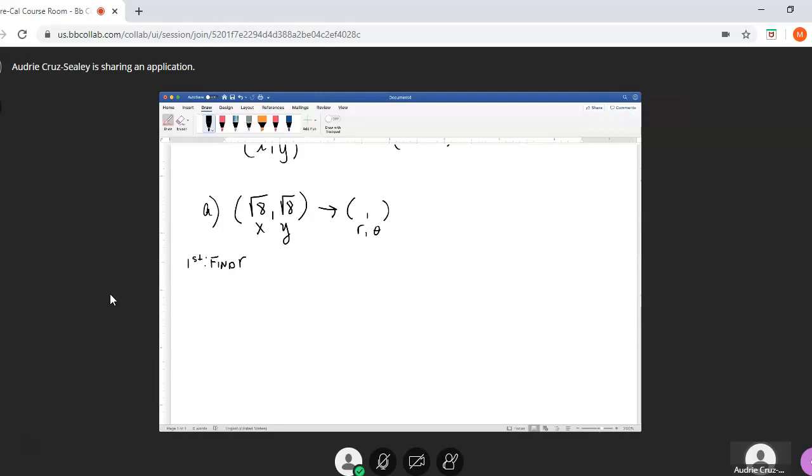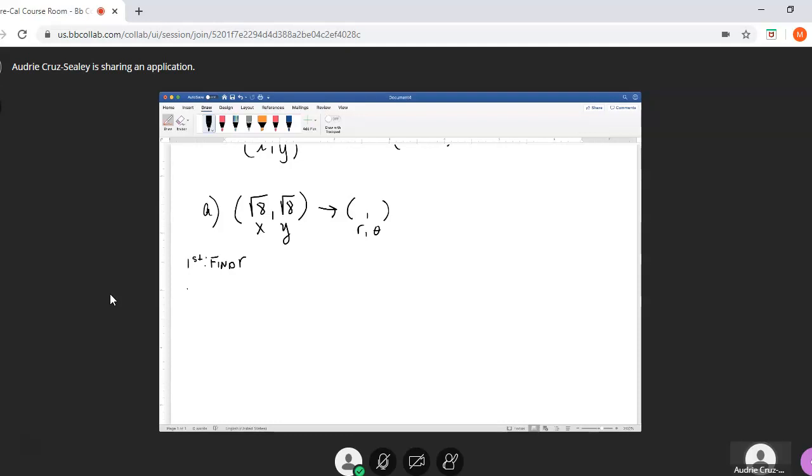So to find r, what I want you to remember is that x, if you go back to, I don't remember what page it was on, don't let me lie to you, I guess the page before, it tells you that x squared plus y squared equals r squared.